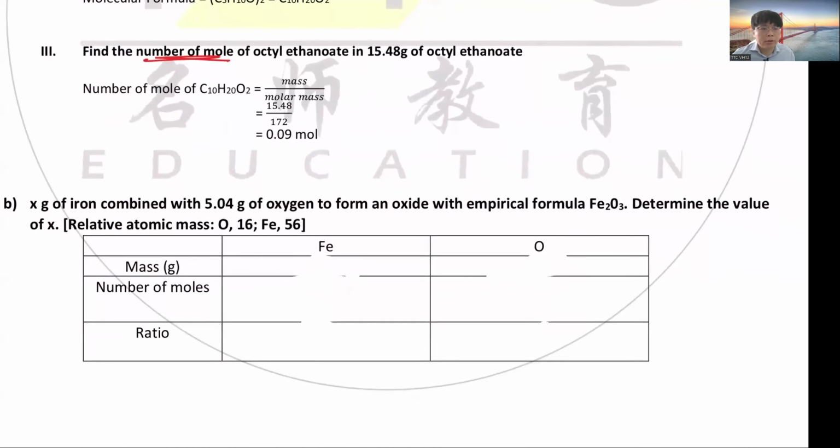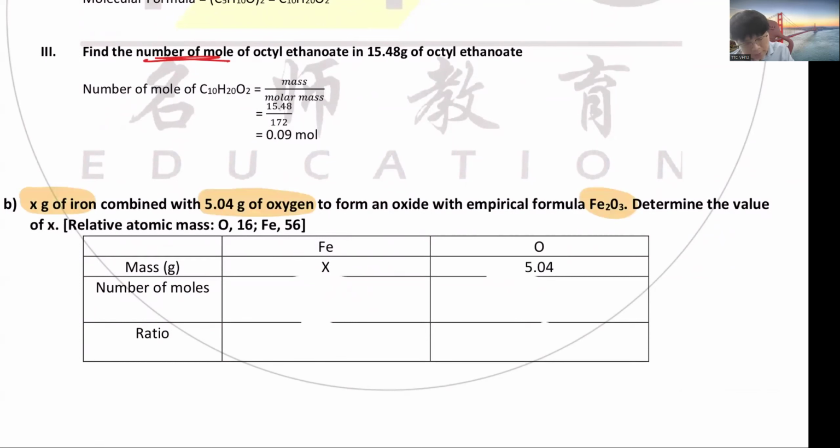Okay, another question. This one normally appears in the objective. They give you X gram of iron combined with 5.04 gram of oxygen. Then give you the formula is Fe2O3. So in this case, we don't know what is our mass of Fe. Then normally this is what we do.